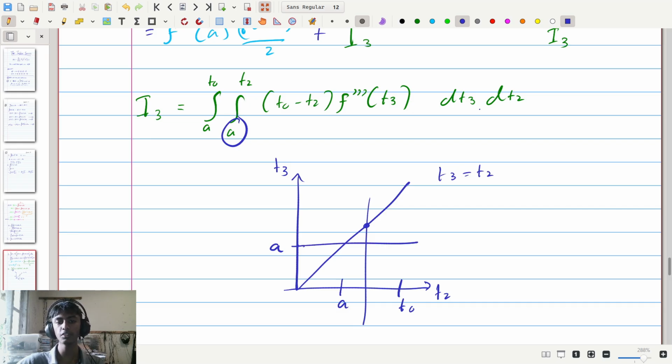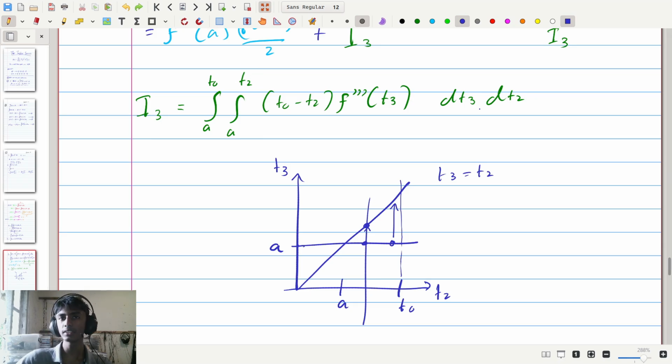At this point, t3 is going to have to vary between a and the current value of t2, like this. And this has to continue until the final point where t2 reaches t0, at which point t3 would also have to be varying between a and t0, because here t2 would be t0.